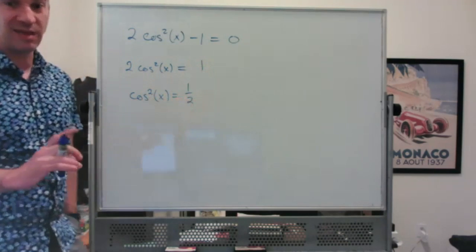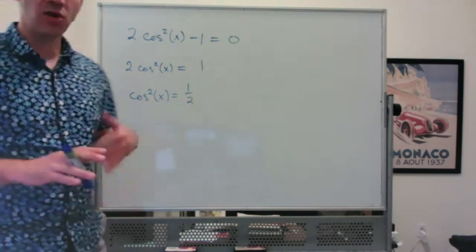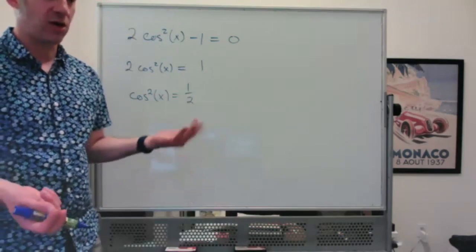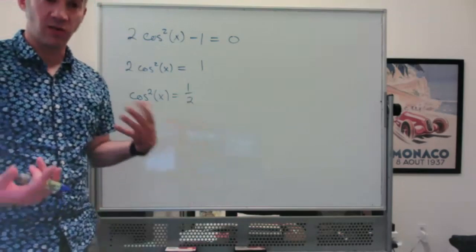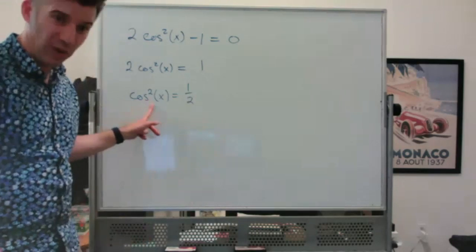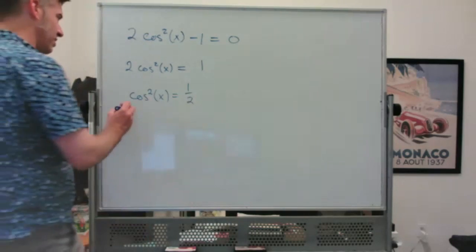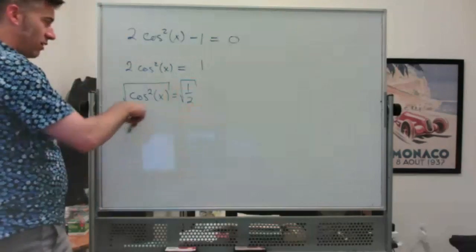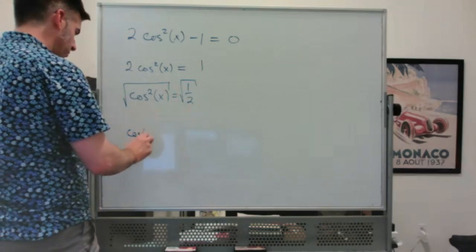And this is where it's easy to make a mistake. I know that cosine of x equal to 1/2 is the normal thing to look for. And I know that cosine of pi over 3 is equal to 1/2. But I don't have cosine, I have cosine squared. So what I need to do is actually take the square root of both sides. Square root of cosine squared is going to give me cosine.